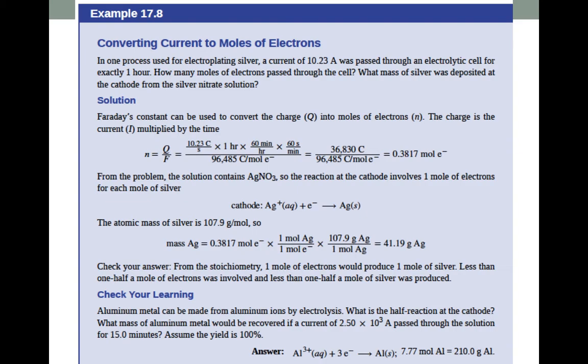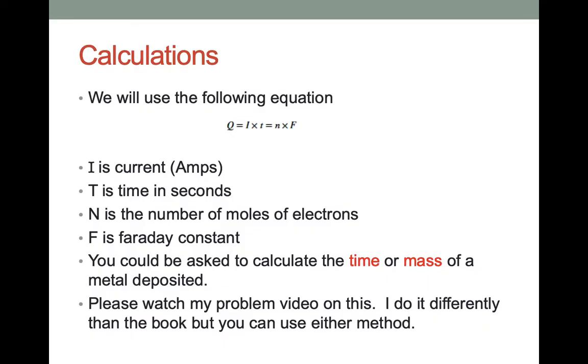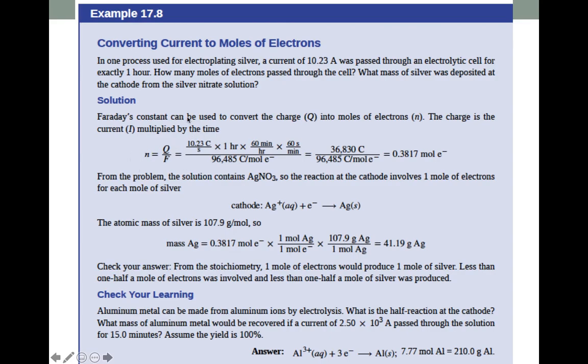So let's go back up to our equation. They're going to take this equation and use the Q part with the N times F, and rearrange it to have Q divided by F gives us the number of moles. So Q is coulombs per second, or an amp, times the time.